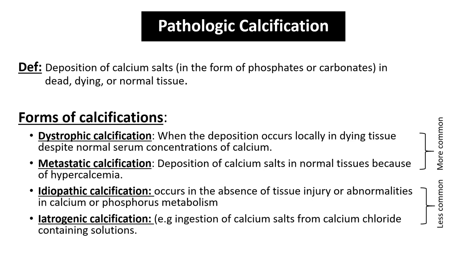Usually, calcium is combined with other minerals. So it is the deposition of calcium salts in dead or dying tissue or normal tissue. If the deposition is in dead tissue it would have a name, and if it's normal tissue it would have another name.